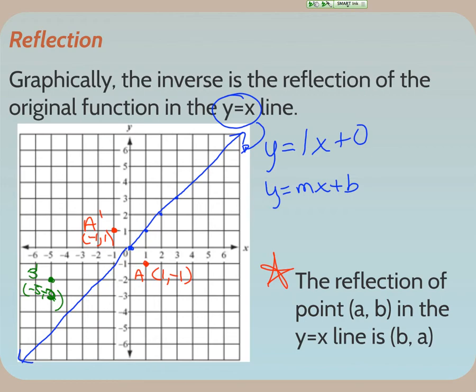So (-2, -5), that's my reflection. Do you guys see how switching them gives us that reflection? I can even draw a couple lines here. Let's say this was my original line right here. Then this is my reflected line. I'm a little bit crooked, but we've got these reflections.